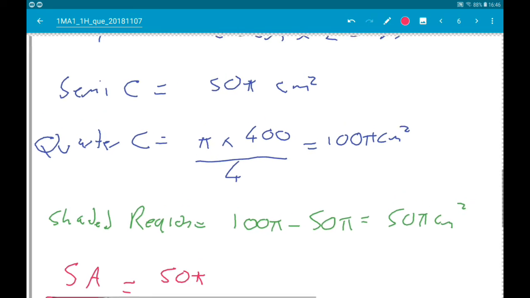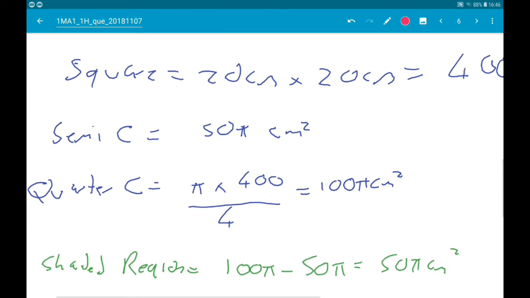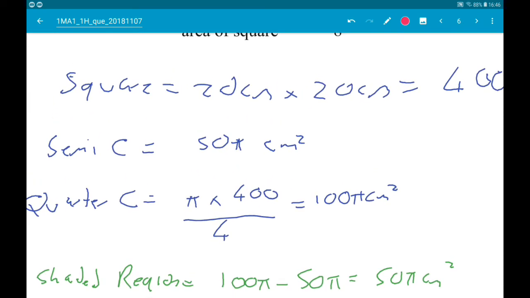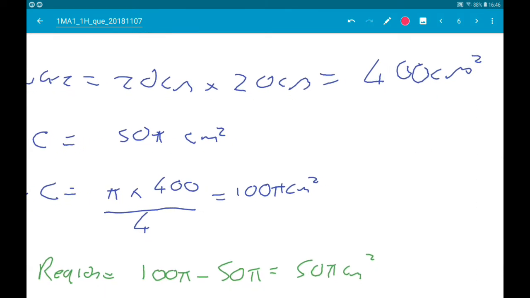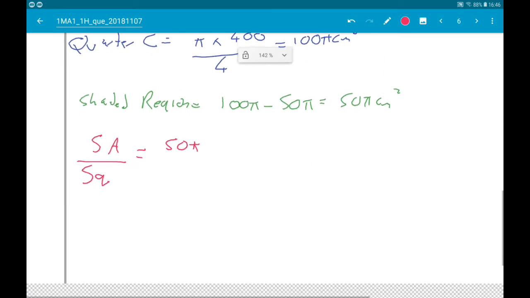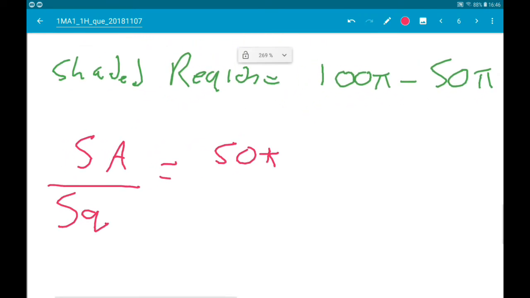So the area of the square was 400 centimeters squared. So we have 50 pi over 400. Now there's a common factor there of 50, so we do get pi over 8.